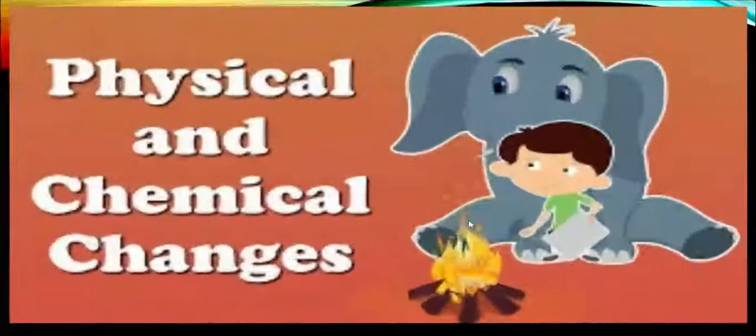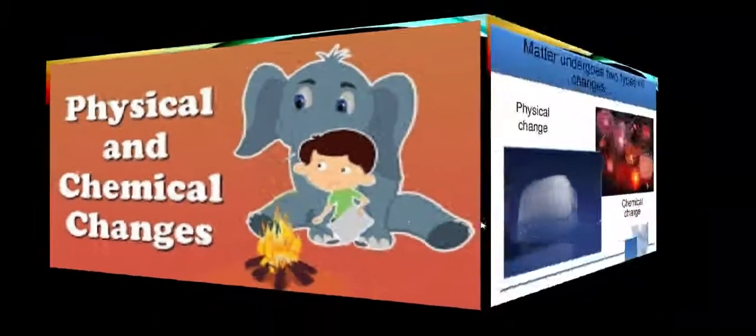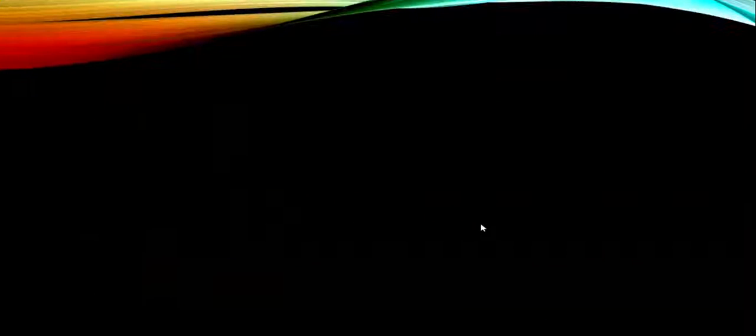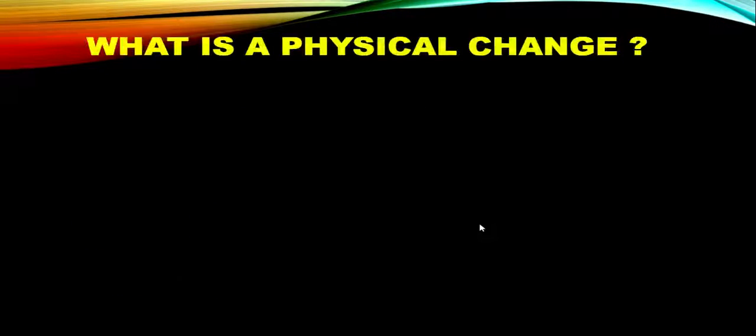Now, let us discuss about physical and chemical change. Children, as I told you, matter undergoes two types of changes, physical and chemical change. So first, let us discuss about physical change.